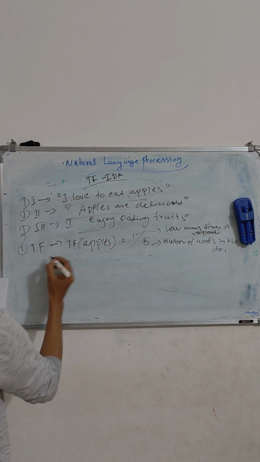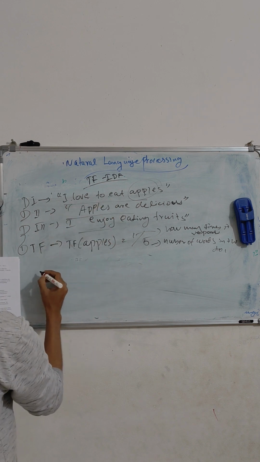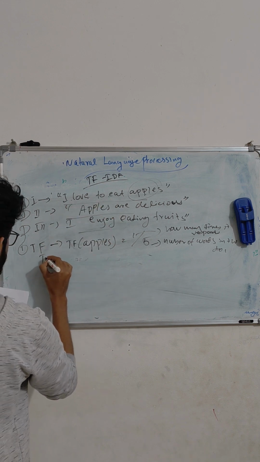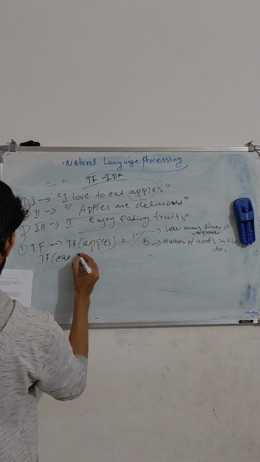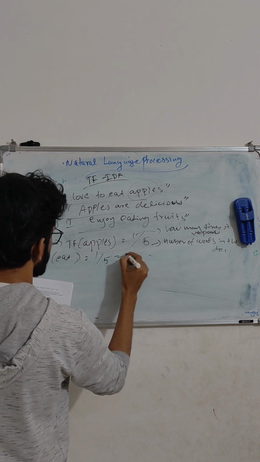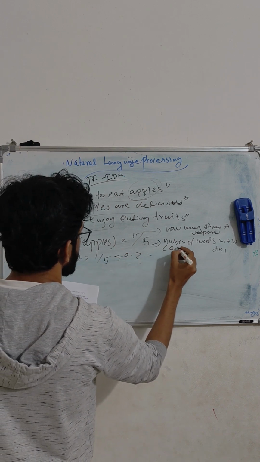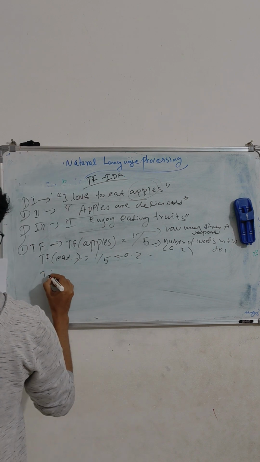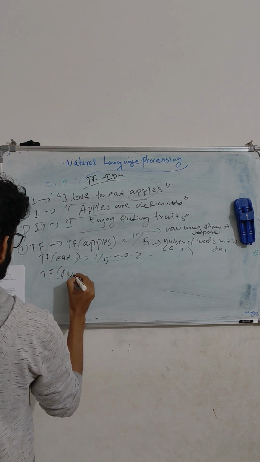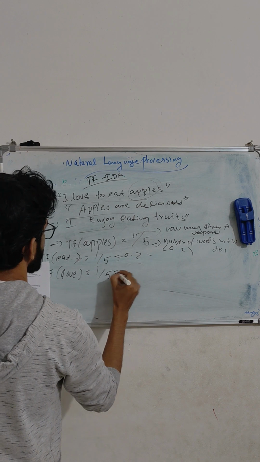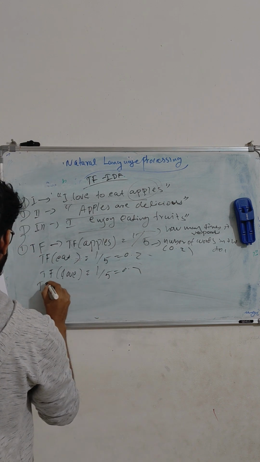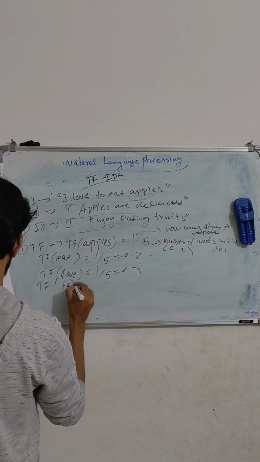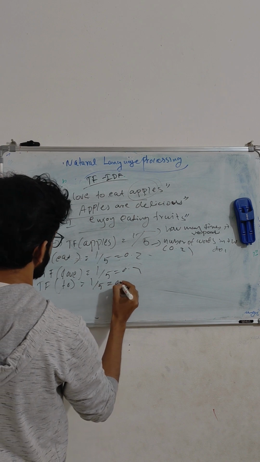Great. So for TF for eat, it is also 1 by 5, which is 0.2. TF for love is also 1 by 5, which is equal to 0.2. And similarly TF for to is 1 by 5, 0.2.